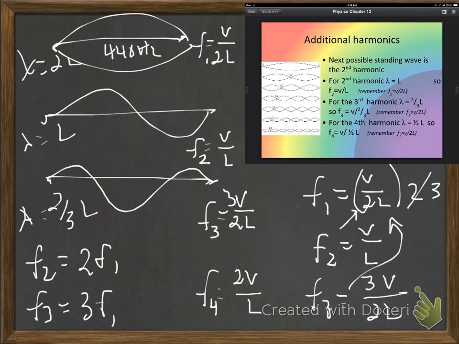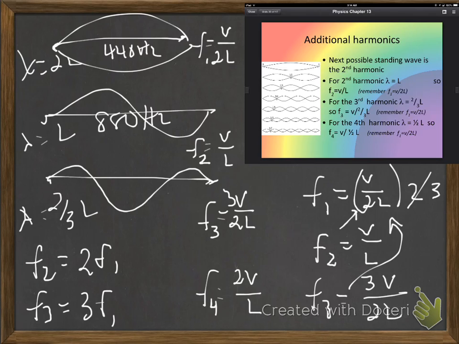It's math. It's early. Come on. Stretch your brains. 880. Yeah, it's 880. It's just twice the frequency of the first harmonic, the fundamental. So this would be 880 hertz. What would the frequency of the third one be?